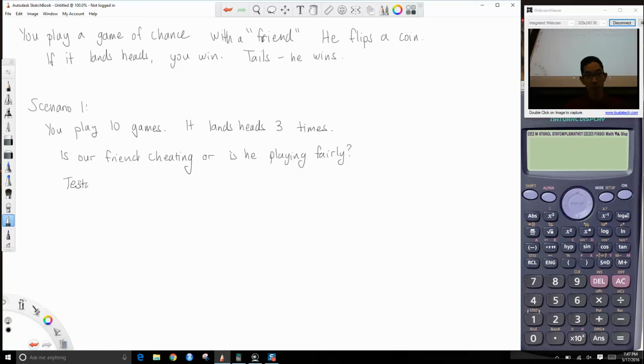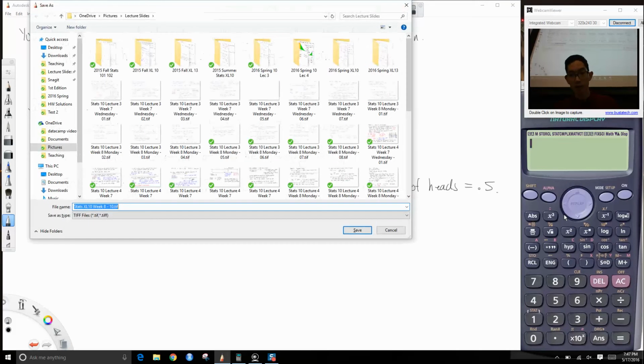Our testable hypothesis is that the friend is playing fairly, so that means the probability of heads is equal to 0.5. Is this so far so good with everybody? Okay.